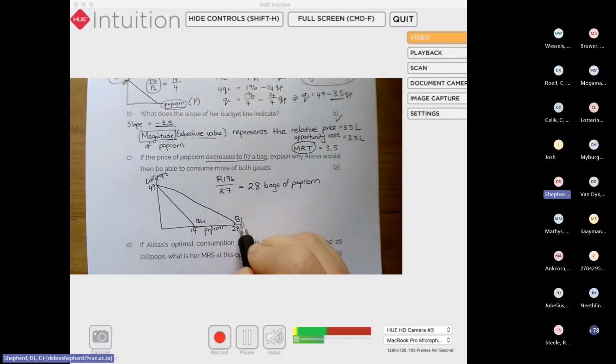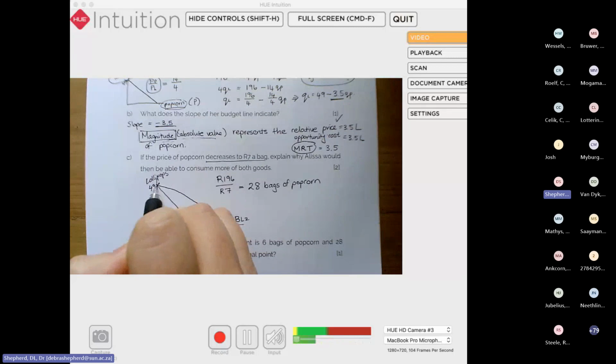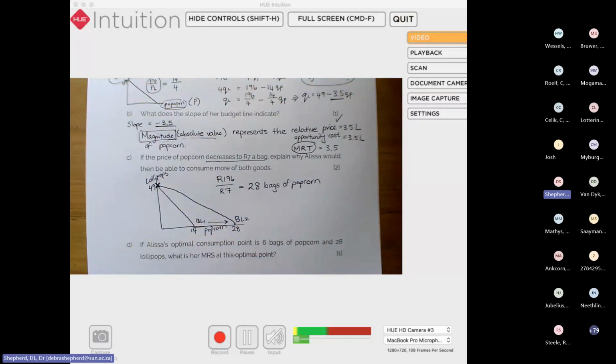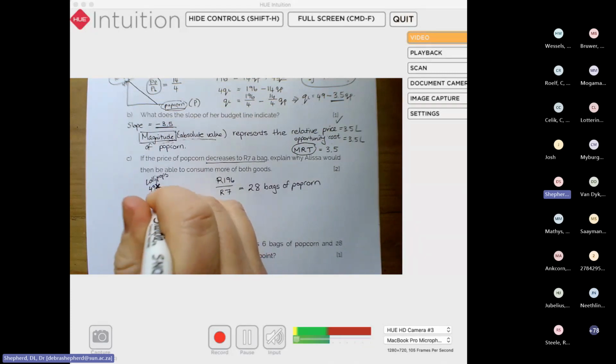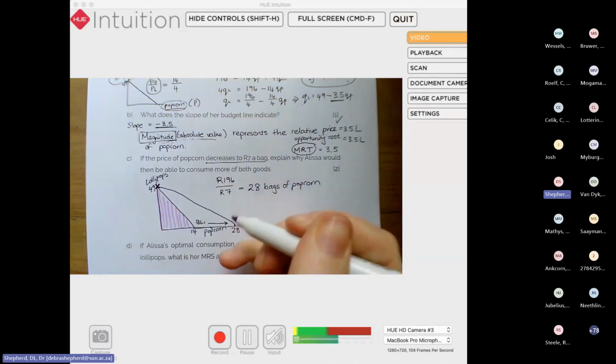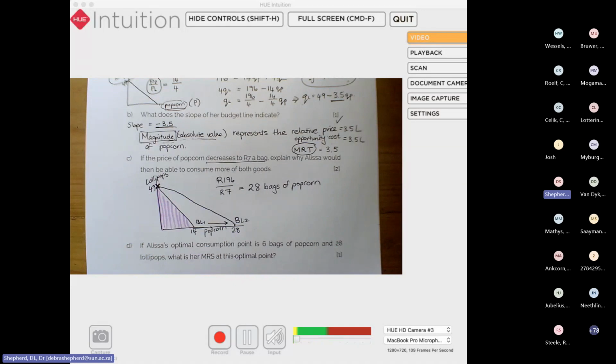So her budget line will have swiveled outwards along the x-axis. So nothing happens to this intercept because the price of lollipops stays the same. So if she spent 196 Rand on lollipops, she would still only be able to buy 49 lollipops. But what you should notice is that prior to the price changing, these were all her feasible options.